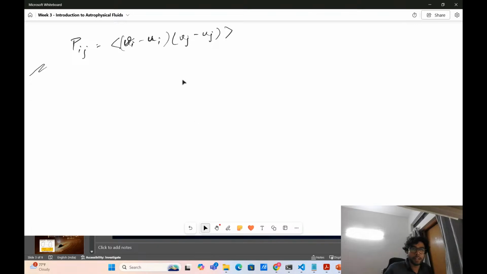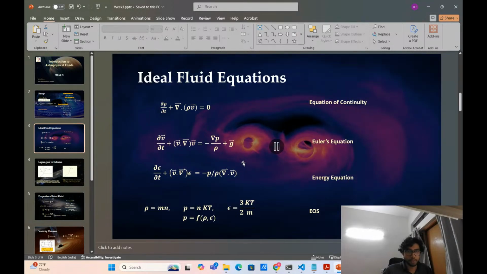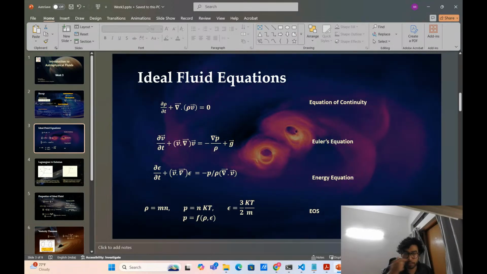But on the other hand, if i equals j, then Pii will become Vi minus Ui whole square average. So this will become even now because of the square term, so it won't be zero. And that term is basically the pressure term.